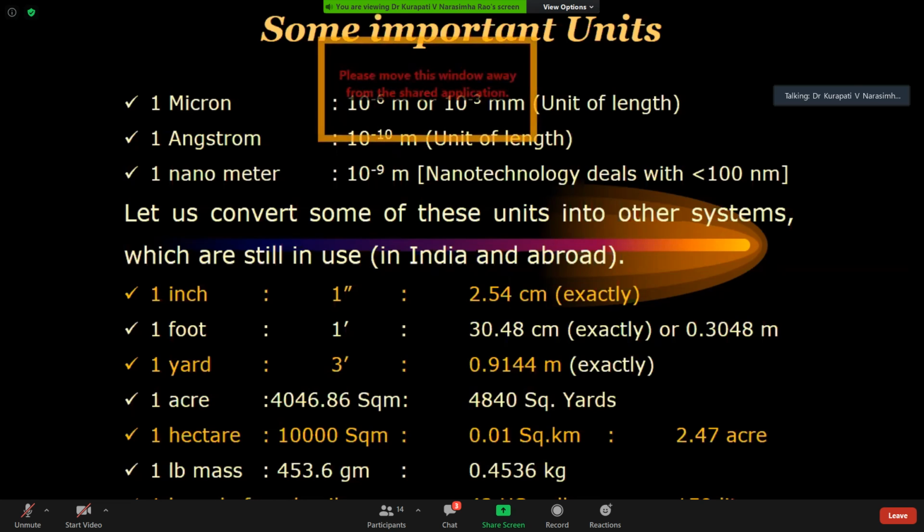700 crores. Said $1 is how many rupees? 25 rupees, sir. Then do it properly. This is 75 rupees into 10 crores. 1 billion is 10 crores.